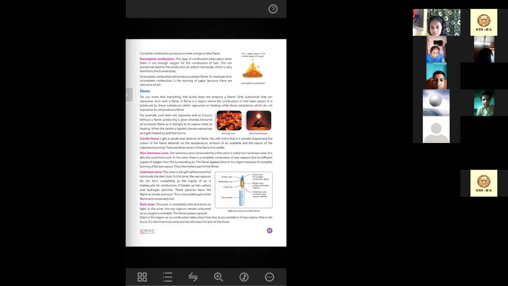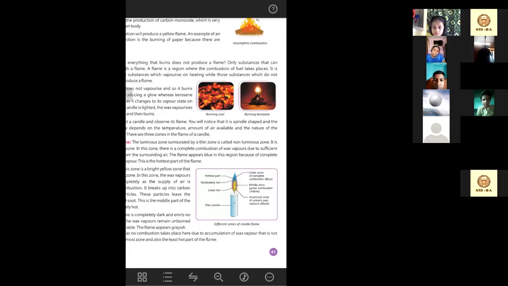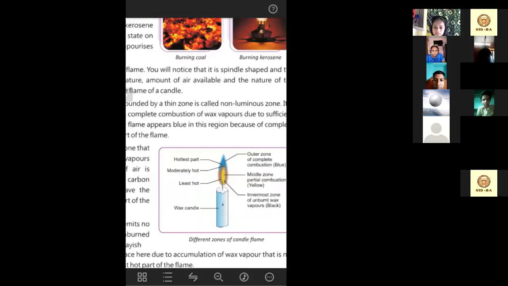So in the final or outermost layer, the non-luminous zone, complete combustion takes place. In the middle layer, the luminous zone, incomplete combustion takes place. And in the innermost layer, the dark zone, no burning takes place.